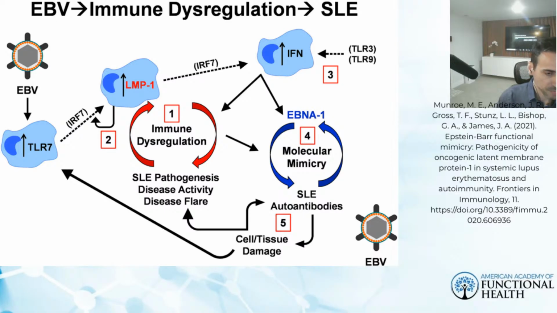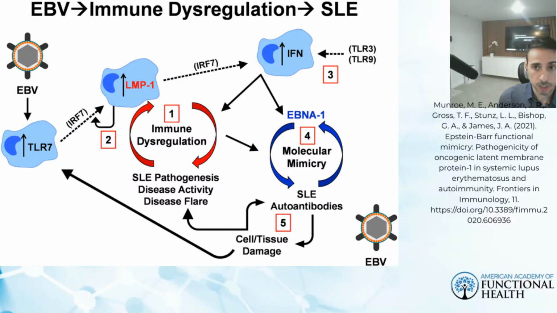And then number three, on the top right upper side, the type 1 interferon and adaptive immune activation enhance T-cell-driven antibody and autoantibody production, which enables cross-reactivity between the Epstein-Barr virus protein and lupus-related autoantigens, right? Now, number four, on the right side, these autoantibodies combined with chronic inflammation lead to tissue damage and the release of more lupus-associated autoantigens.